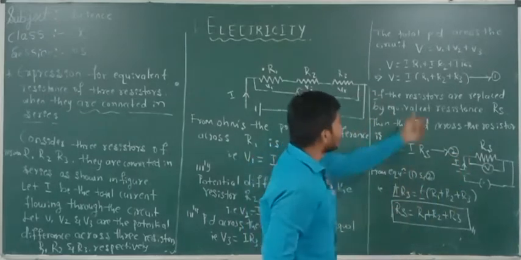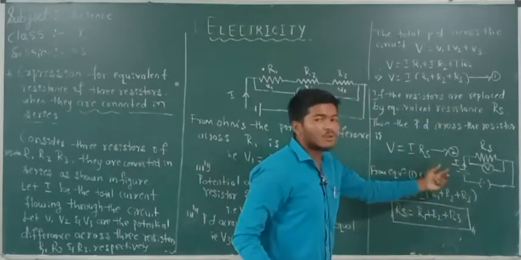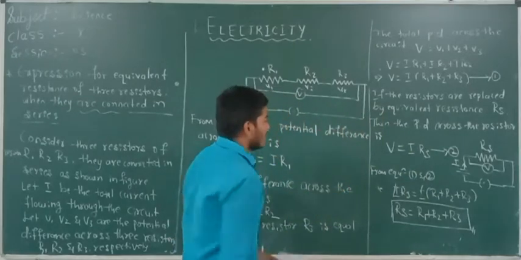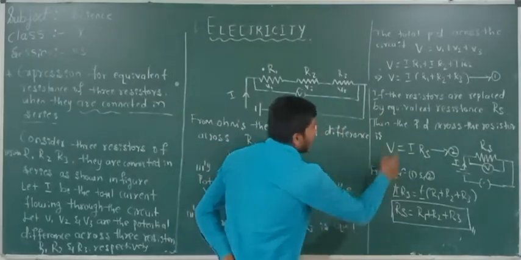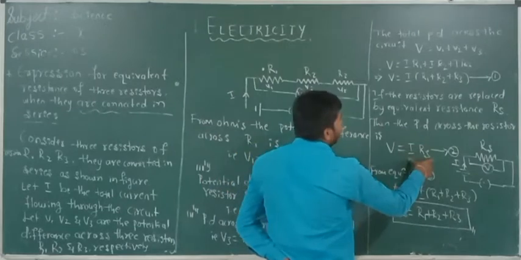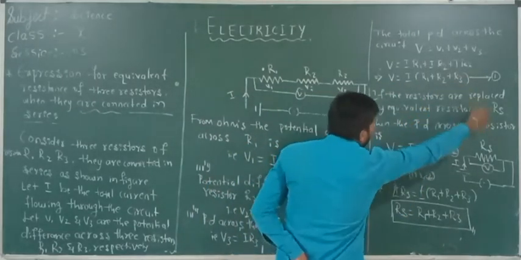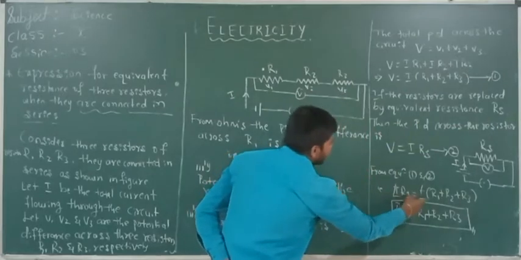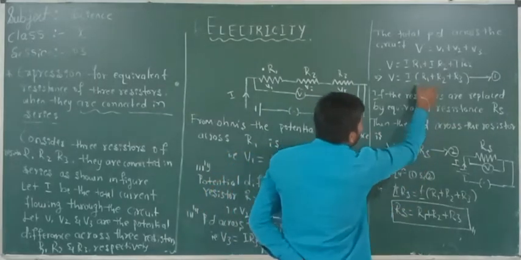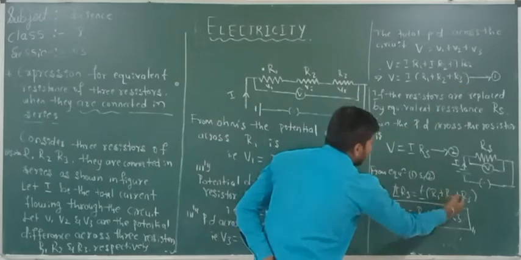From equation number 1 and equation number 2, it is clear that V is equal to IRs, and V is equal to I into R1 plus R2 plus R3. From 1 and 2, IRs is equal to I into R1 plus R2 plus R3.